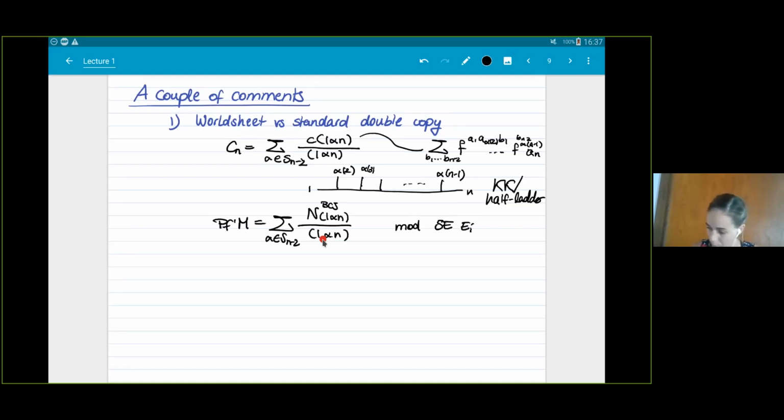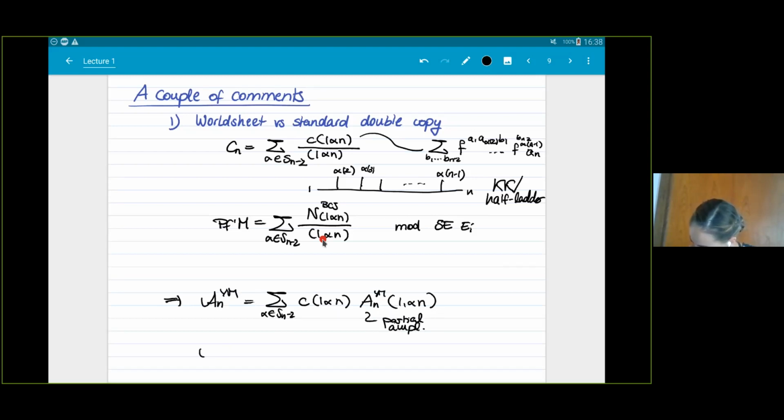Now, if we follow through everything and write out our full amplitudes, this means that for Yang-Mills, our amplitude will just now decompose into a sum over alpha of C1 alpha n a n, of 1 alpha n, where these are my partial amplitudes, or color ordered.